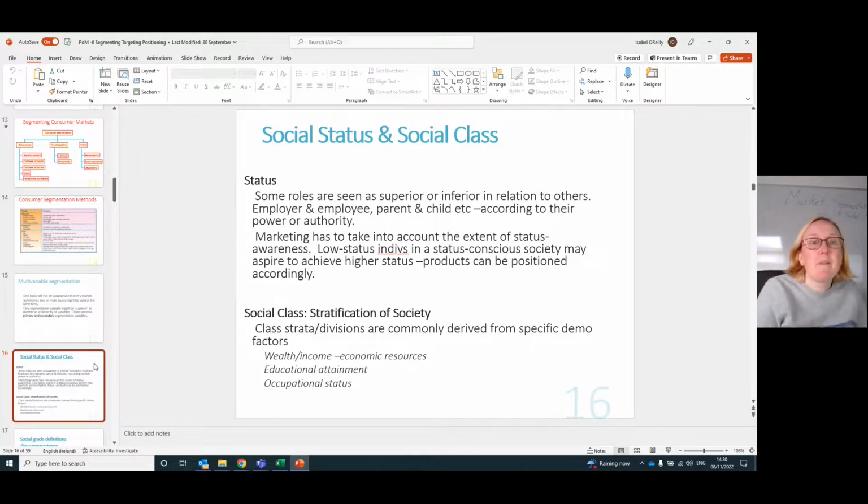So products can be positioned and sold to some customers who aspire to the next class up. So these products can help them feel like they are already part of that class.